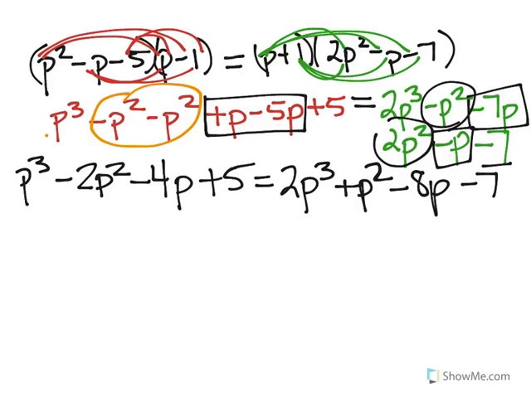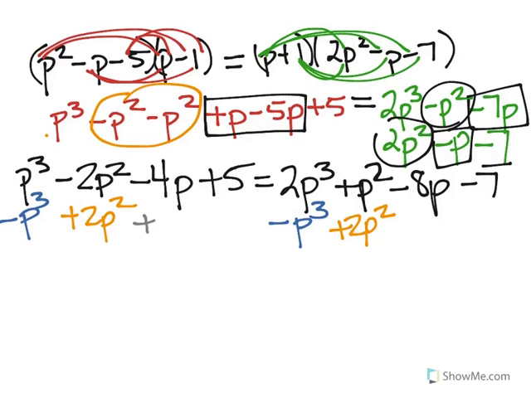All right, next step, we need to get everything to one side. So I'm going to subtract p cubed. I am going to add 2p squared. I'm going to add 4p.